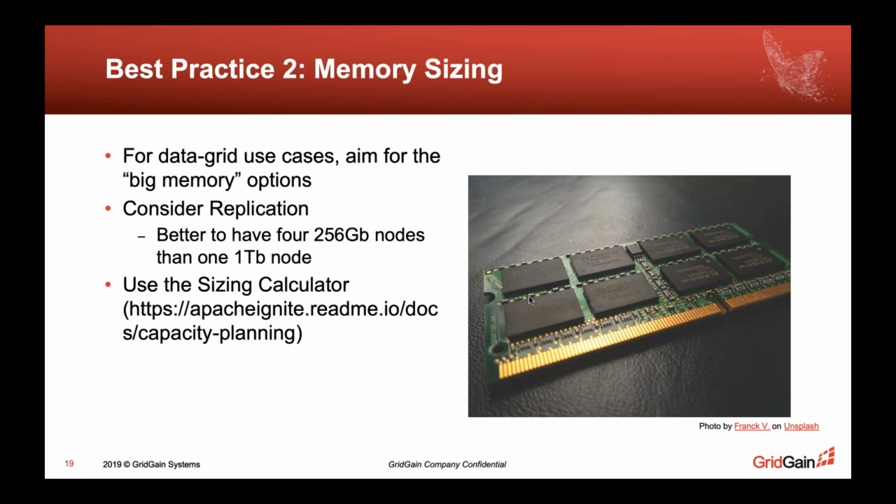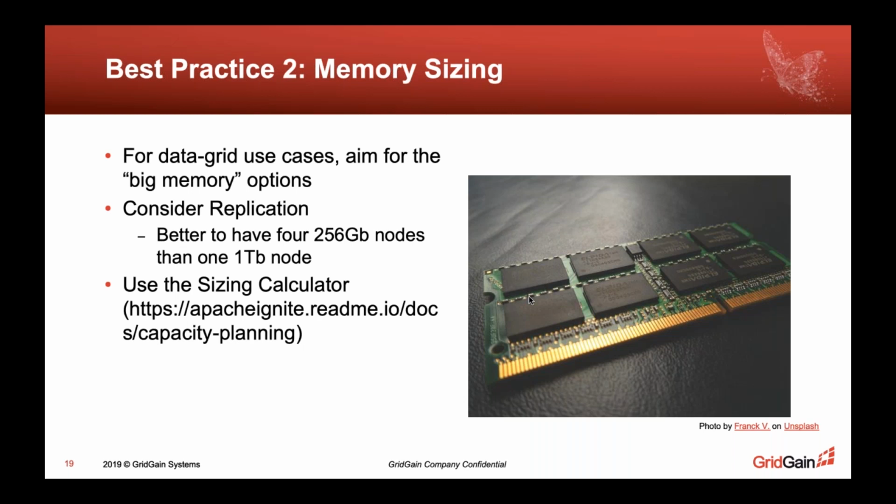Another thing to think about is replication. Replication is basically how we can add resilience to our data. The idea behind replication is that we have a cluster of nodes and we are taking a subset of that data and copying it across our nodes so that if an individual node goes down, we still have copies of that data in other nodes.